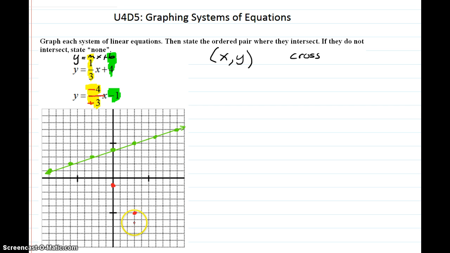Now as you can see, as I'm going down 4 over 3, I'm not getting closer to the other line. So that means I want to try going the other way. So I'm going to go up 4, to the left 3, and see what happens: the two lines cross, and they happen to cross on a nice ordered pair.